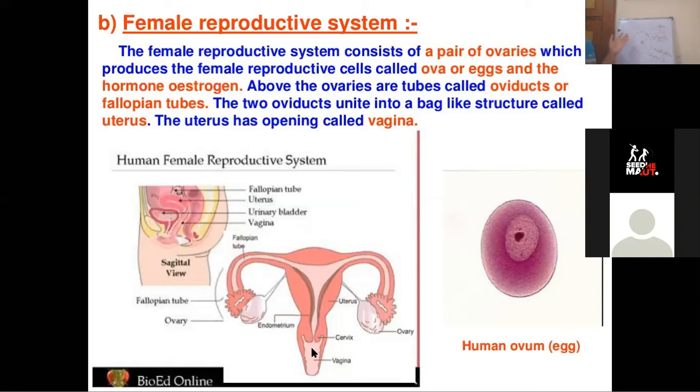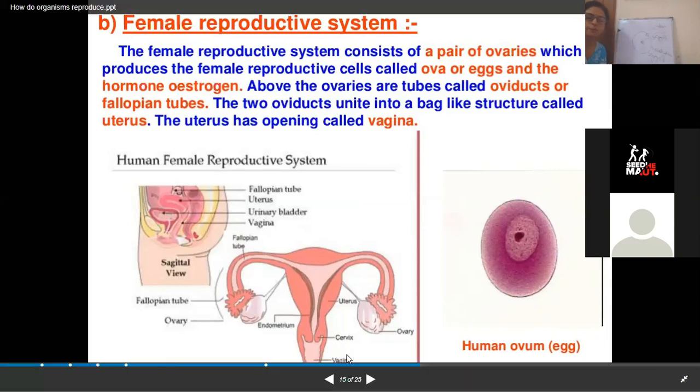Why is it filled with nutrients? So as to provide nutrition to the zygote, so that the zygote keeps on multiplying and then moves into the uterus.